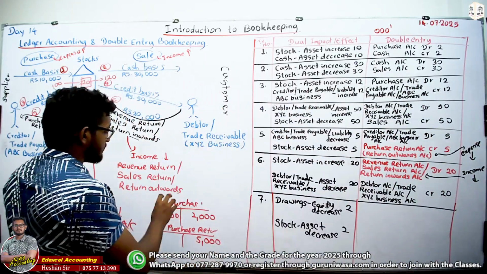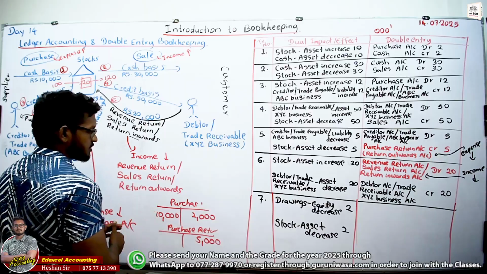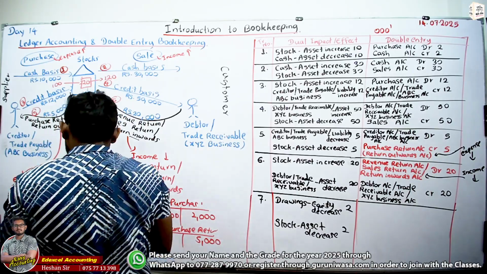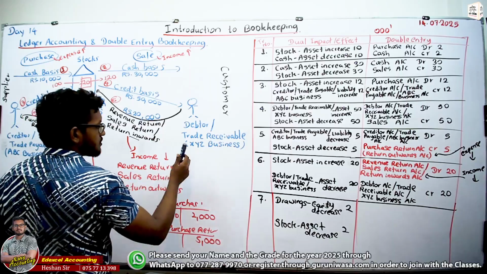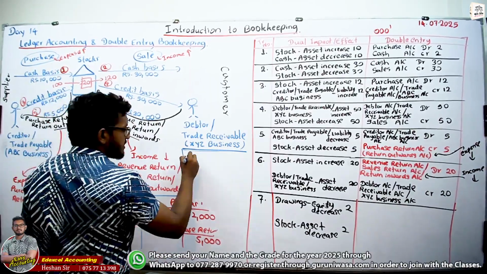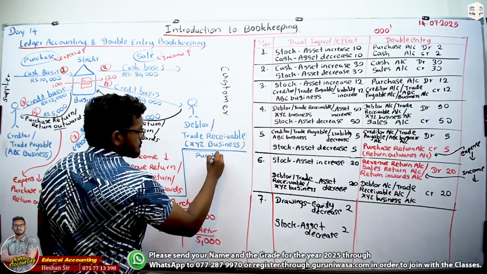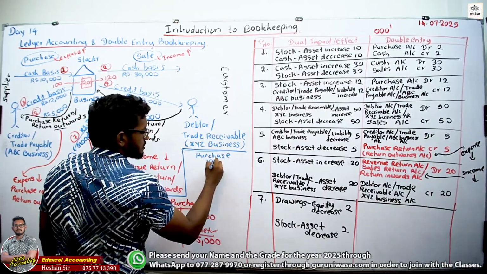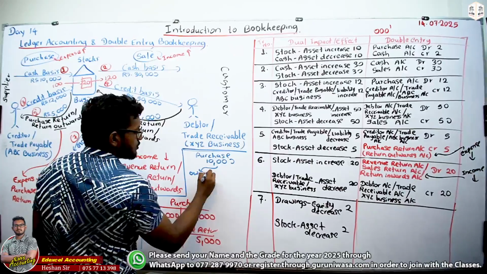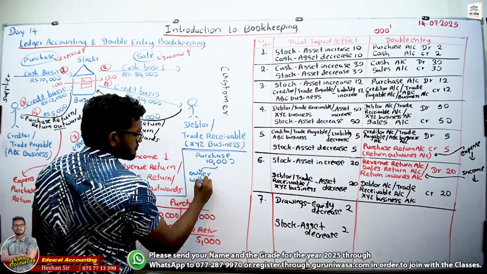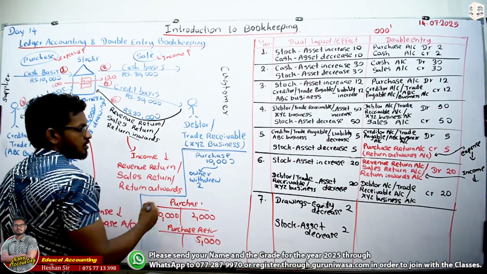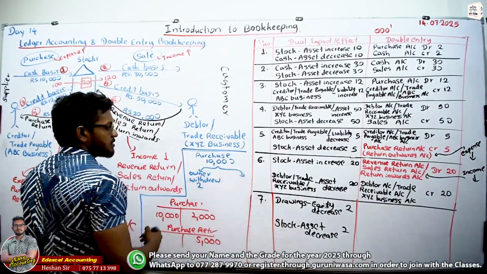Just remember, when we purchased 10,000 worth of goods, out of that, owner withdrew 2,000, right?